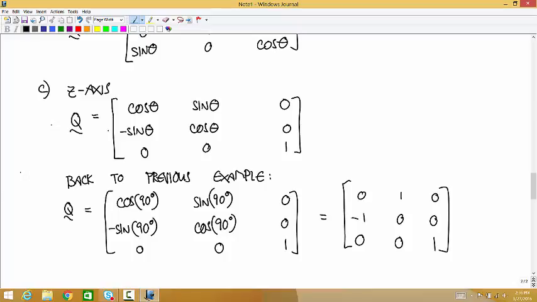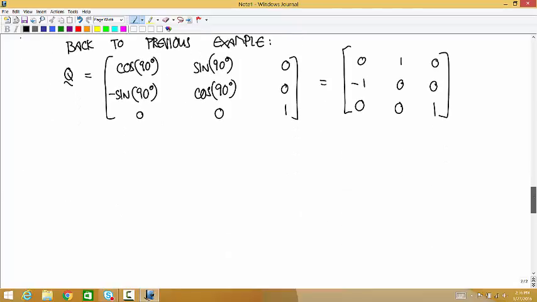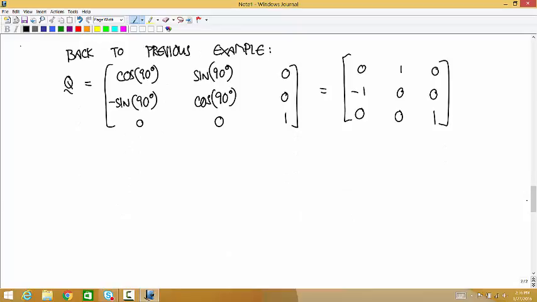All right, and so that's how you re-express a vector in a new coordinate system. You can also use Q to express the stress tensor in a new coordinate system.